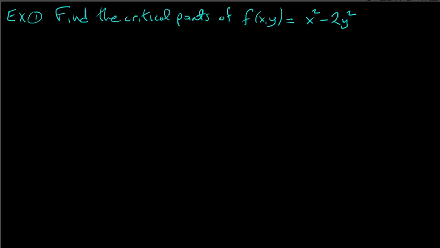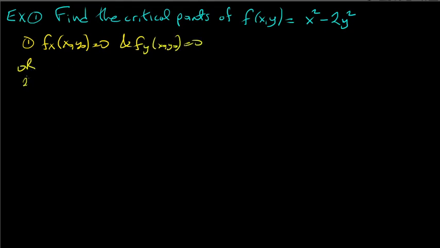Okay, so we're going to start with an easy example, and we just want to find the critical points of the function f(x, y) equals x squared minus 2y squared. So how do we find critical points? Remember the two possibilities. One is that both partial derivatives are 0, the x partial is 0 and the y partial is 0.